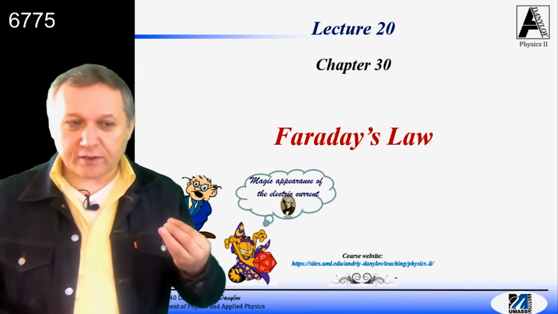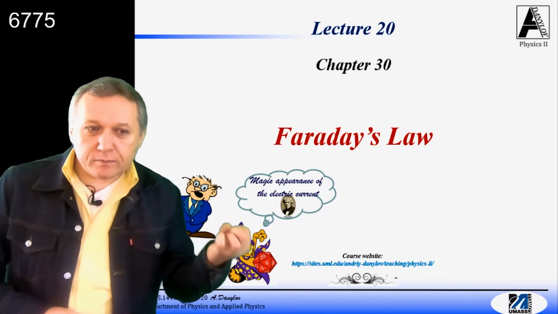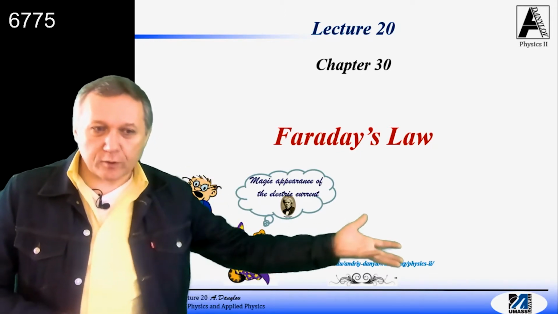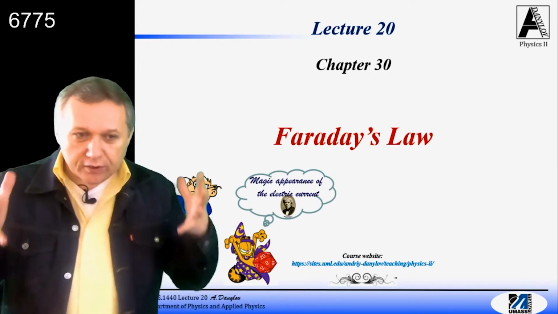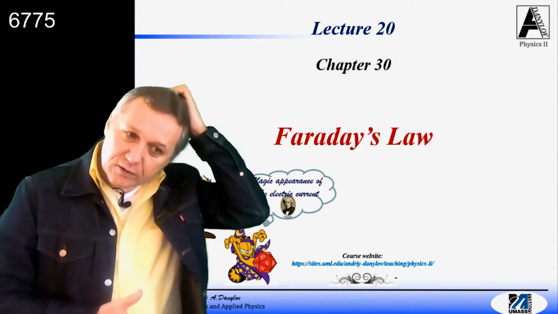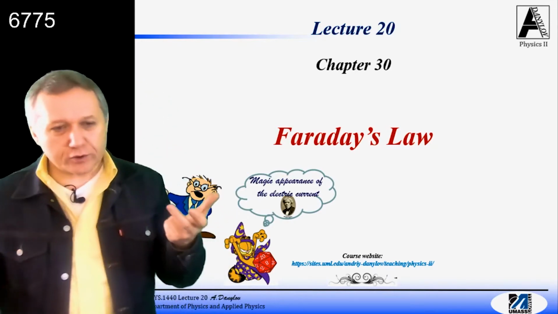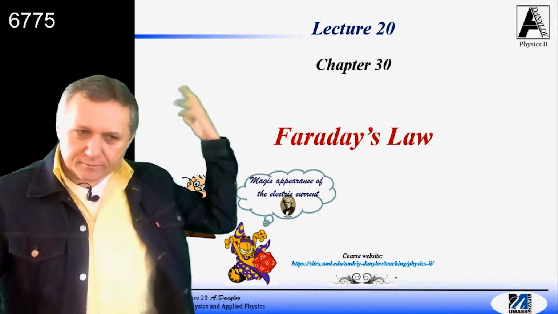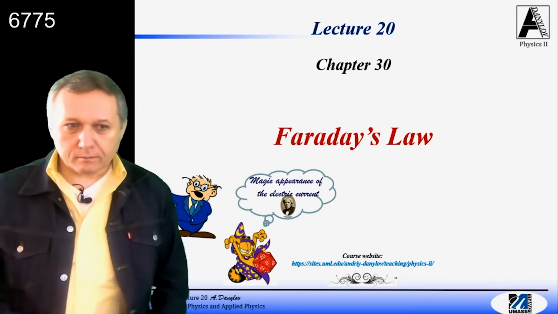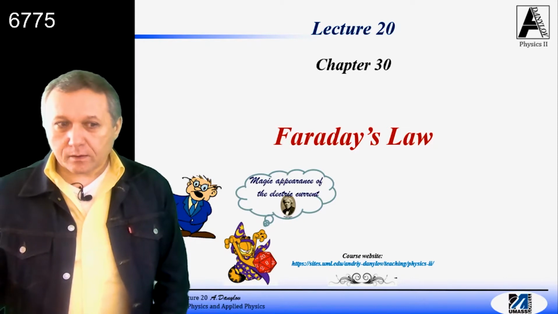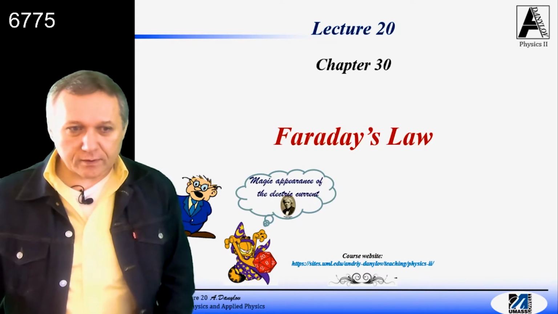What he did was find some phenomena which couldn't be explained by all that foundation which was presented before and which I just mentioned to you. Those phenomena couldn't be explained by Coulomb's law, or Gauss's law, or Ampere's law. Nothing of that could explain them. So what does it mean? It means that that foundation was not complete, and for us is not complete.